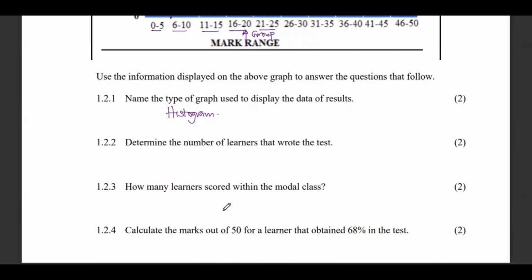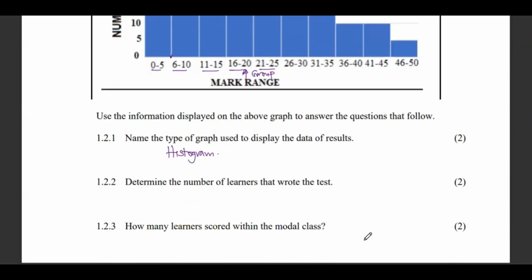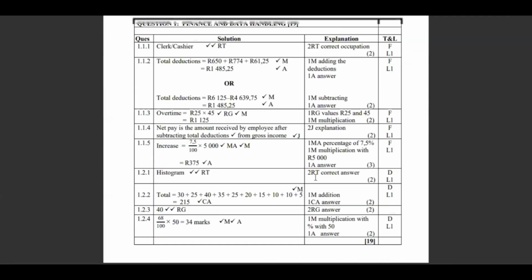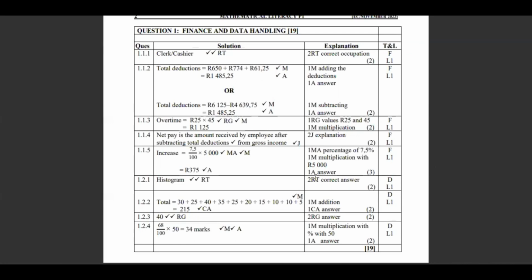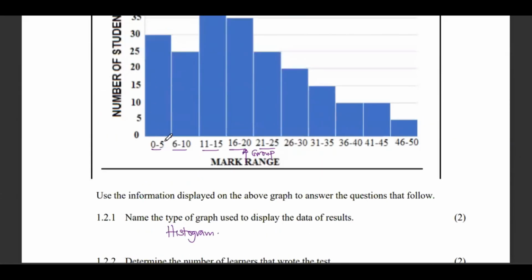Determine the number of learners that wrote the test. What we're going to do, we shall add all the numbers of learners that wrote the test. From 0 to 5, how many are there?